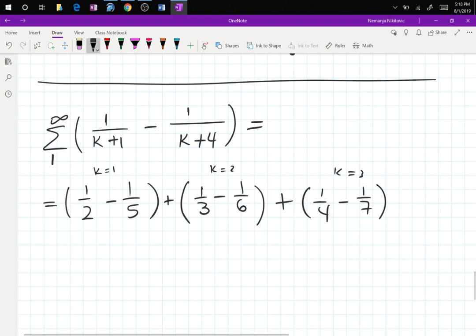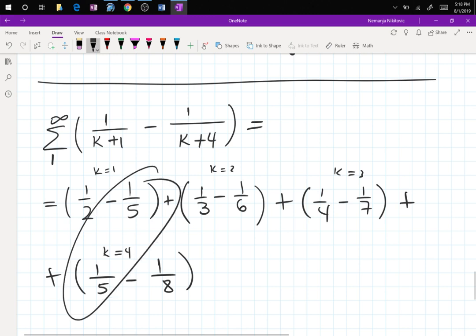Still no match, right? Plus k equals 4. When k is equal to 4, you get 1 over 5 minus 1 over 8.